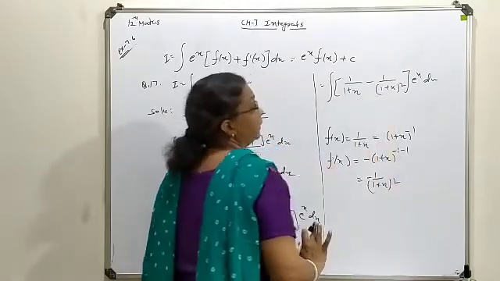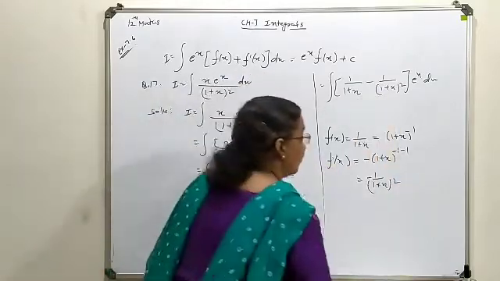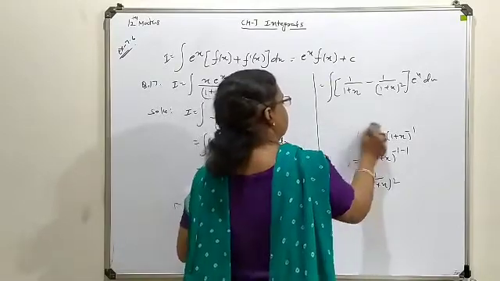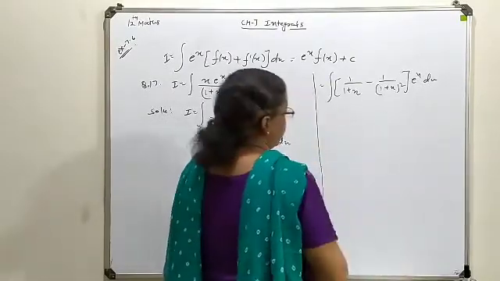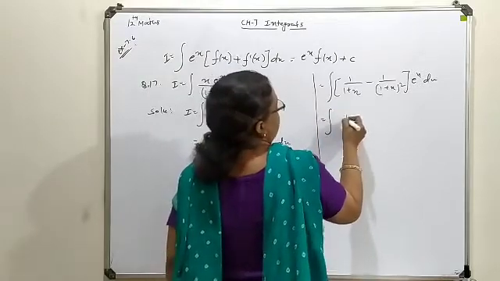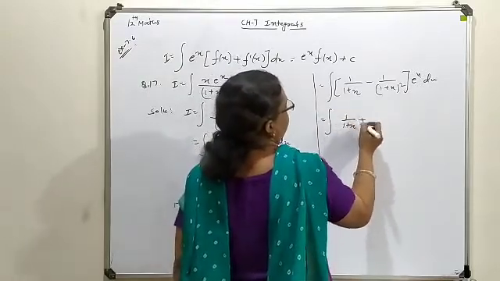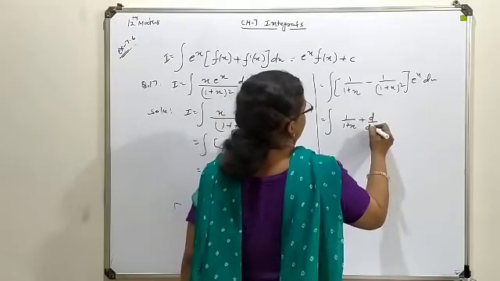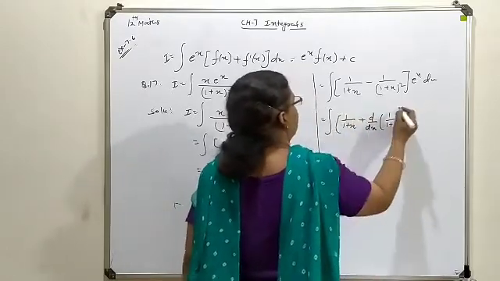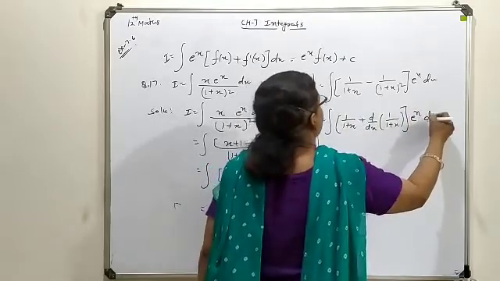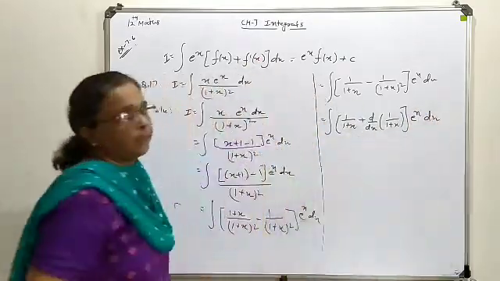So this you can split this way: this became the main function, and this is the differentiation of 1 upon 1 plus x. Outside, e power x is present, so it suits our required form.